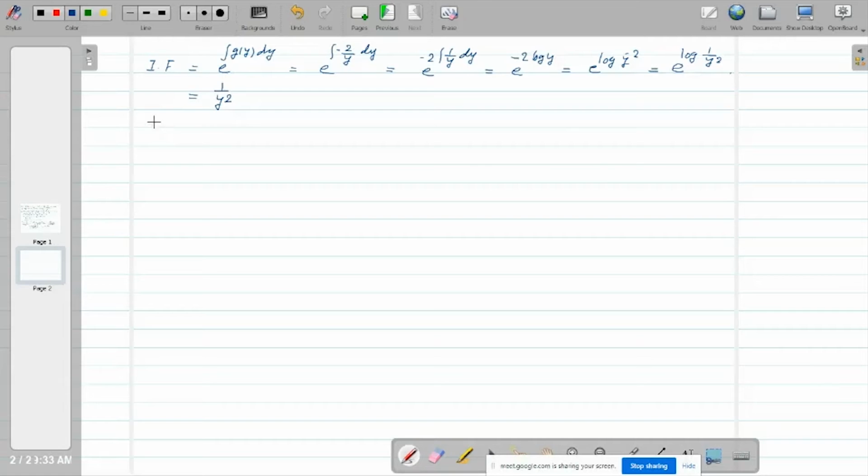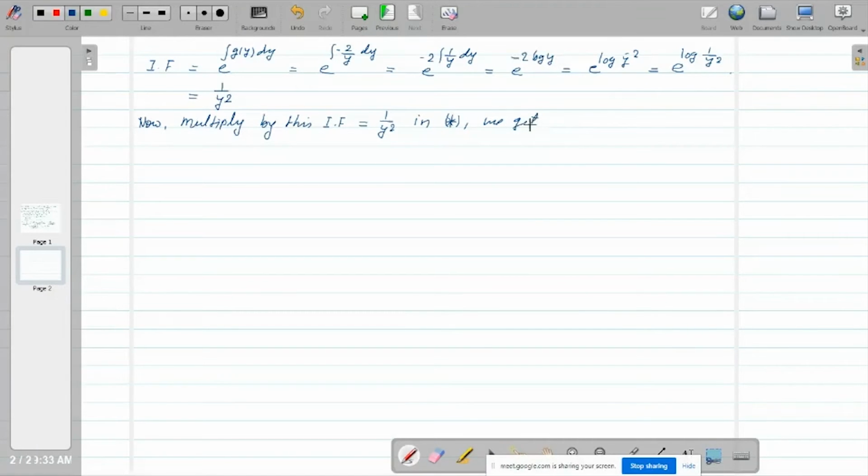Okay. Now multiply by this integrating factor, that is 1 upon y square, in equation number star.